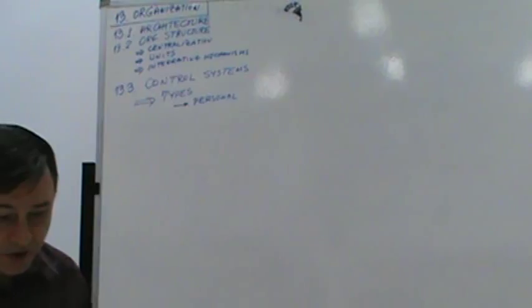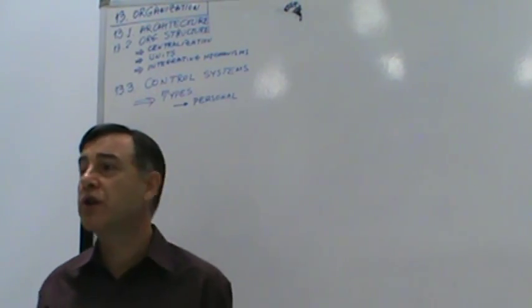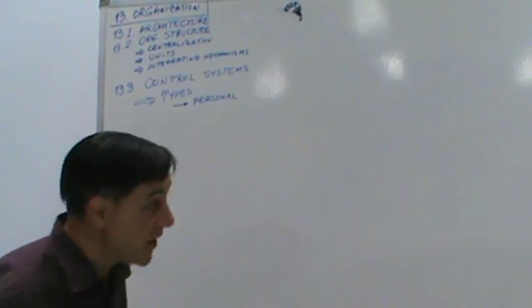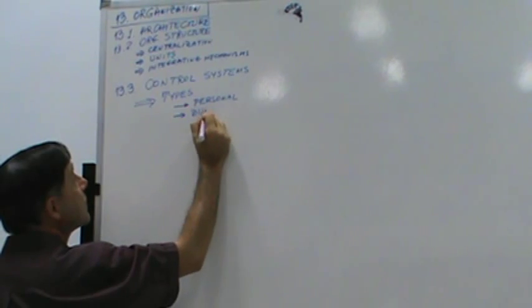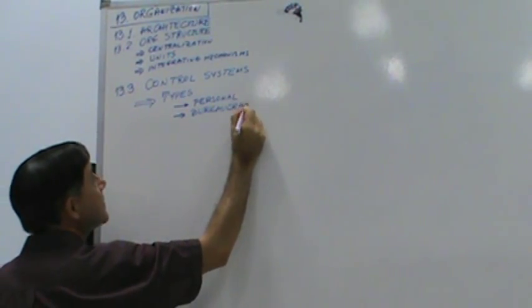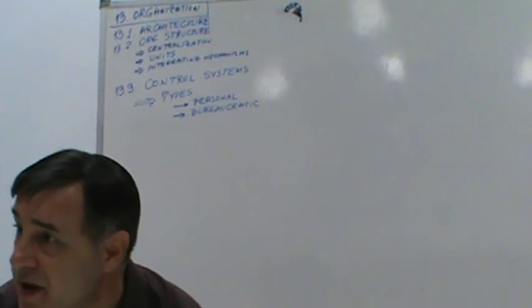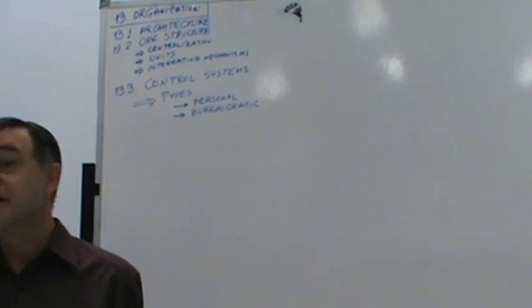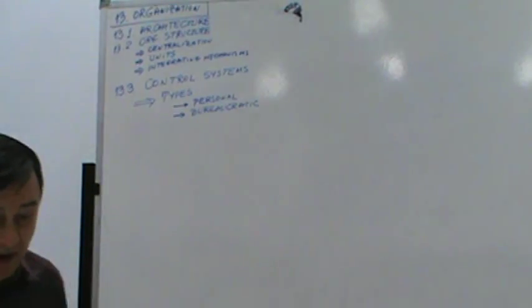The first type of control is personal control. You actually go, you actually check, you actually see what is happening. The second one is bureaucratic controls, mostly with budgets, spending, control of money.